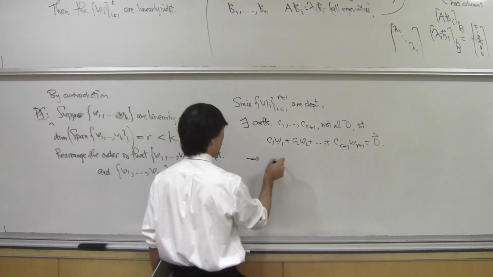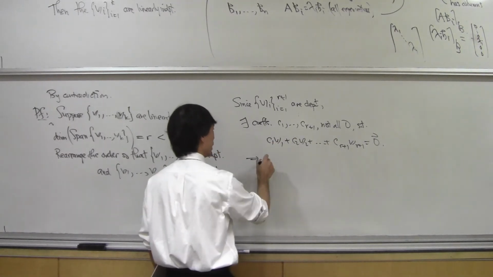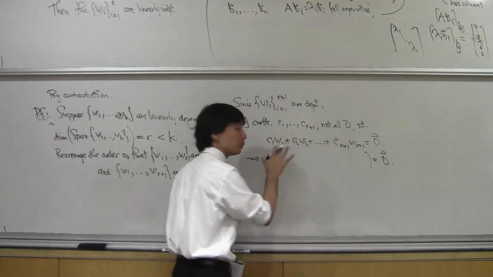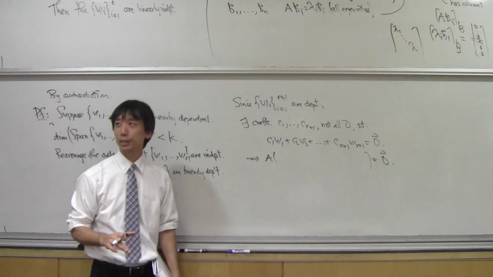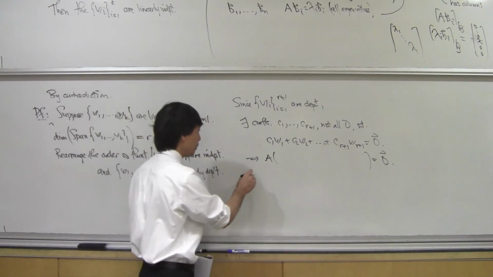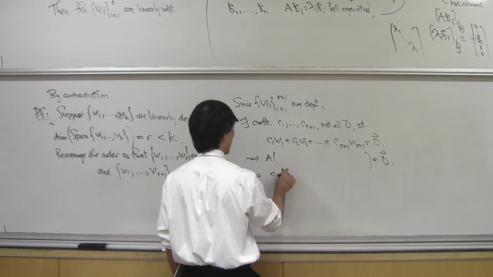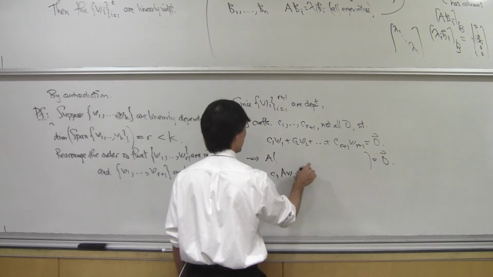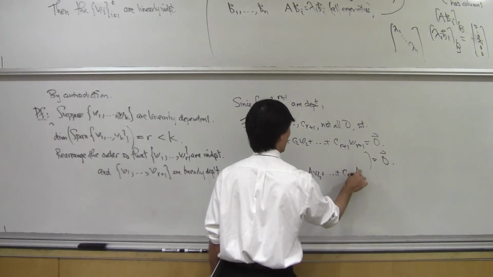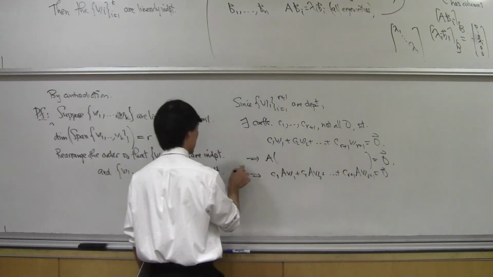We say, okay, well then, if I multiply the whole thing by A, I get the 0 vector. I multiply both sides by the A matrix. But that gives me, using linearity, c1 A V1 plus c2 A V2 plus ... plus c(r+1) A V(r+1) equals 0, by linearity.